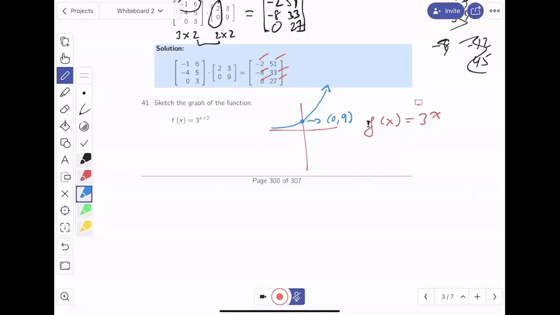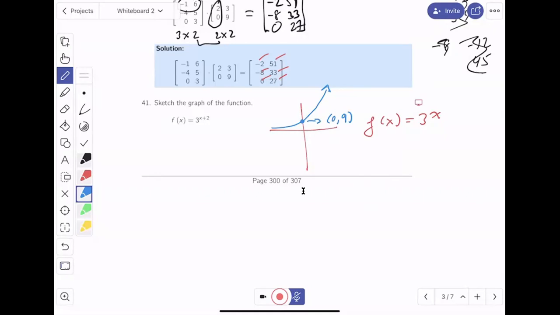All right. And let me just take a look. I've got to make sure I'm doing the right graph for you. I'm just looking at my notes over here. Sketch the graph. All right, let me take a look.